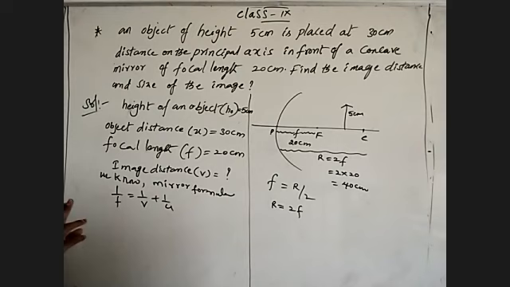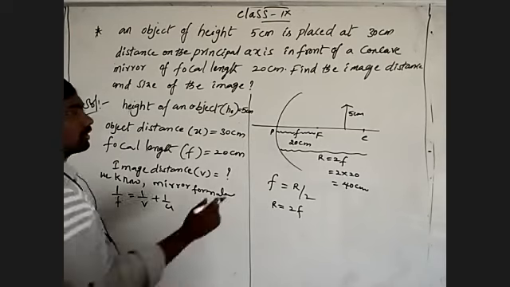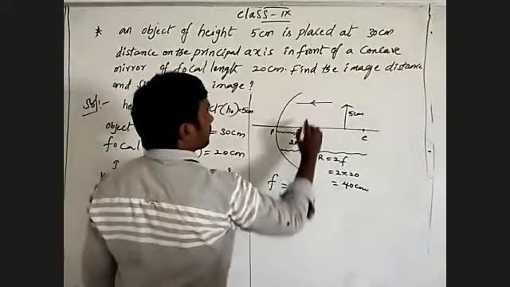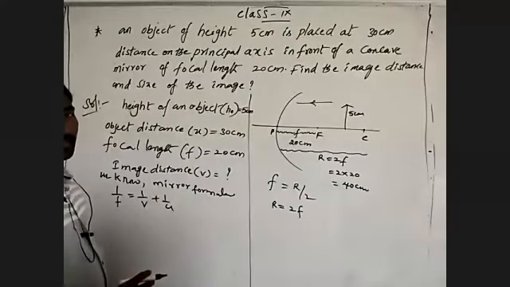For the image distance, which we are going to find, we should not apply sign convention. But for the others, remember, you have to apply sign convention rules. The light ray comes in this direction from the object.